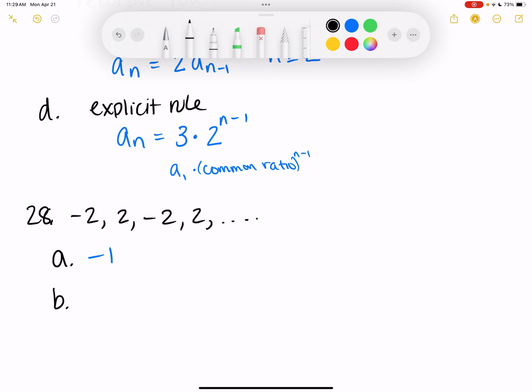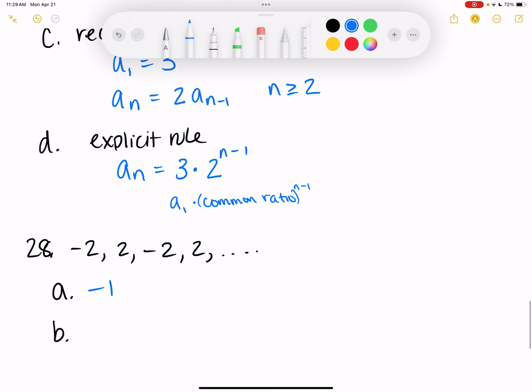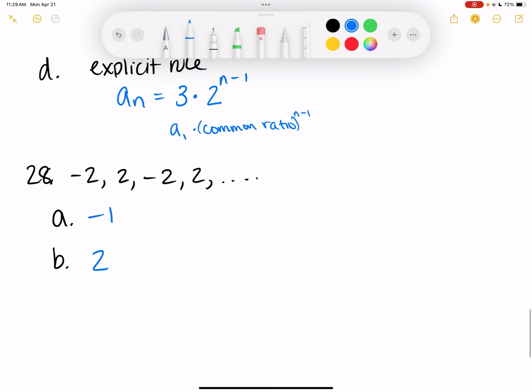For B, we need the 8th term. What's the 8th term going to be? Yep, the 8th term is going to be positive because every even term is positive here. So it's going to be a +2. I may go back and do the math of using this one because this one's not really a great one to use it for.